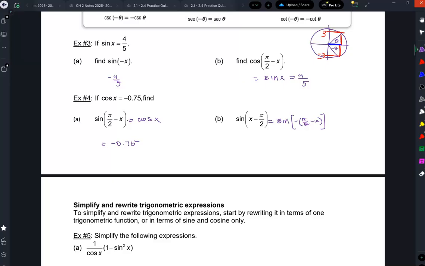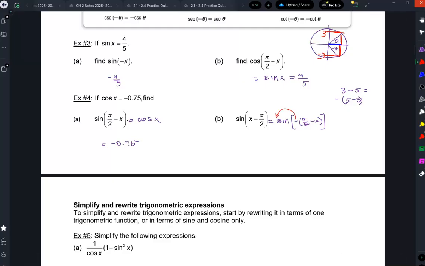If you have 3 minus 5, that's the negative of 5 minus 3, right, with parentheses. So what happens to this negative if you have sine of negative something? The negative will come out.